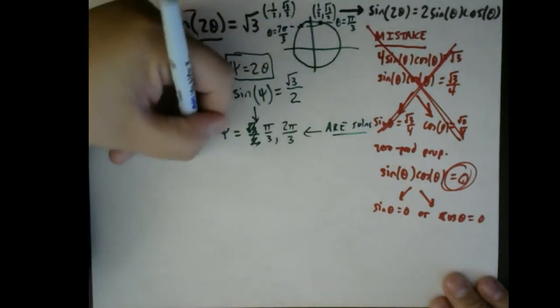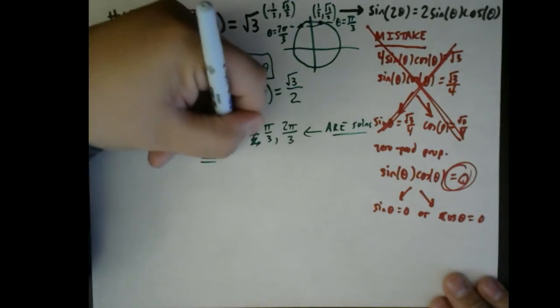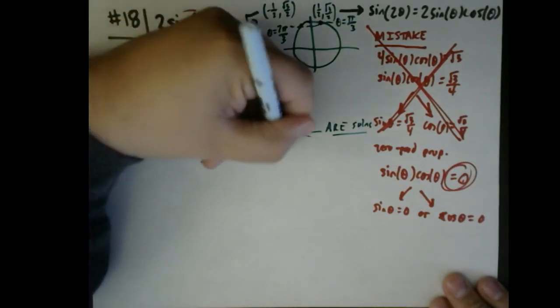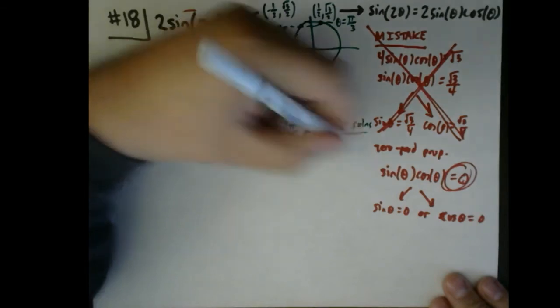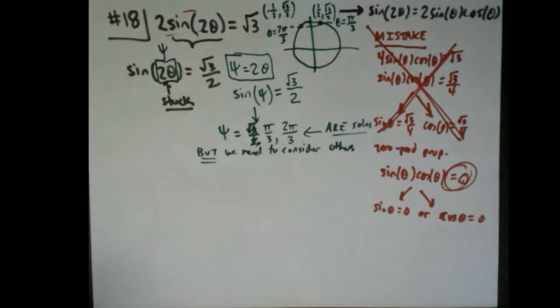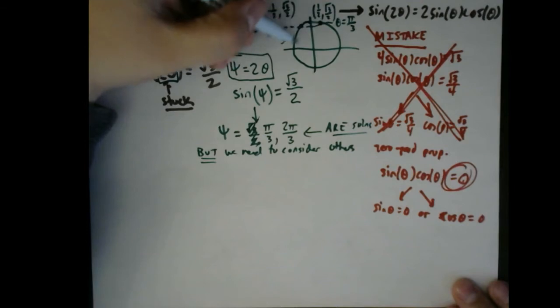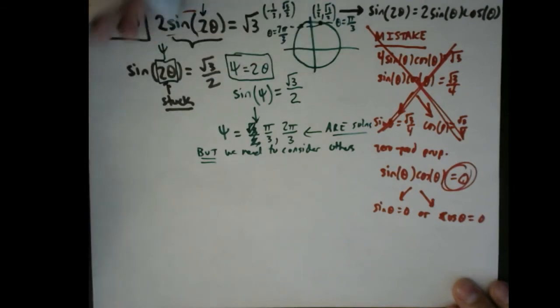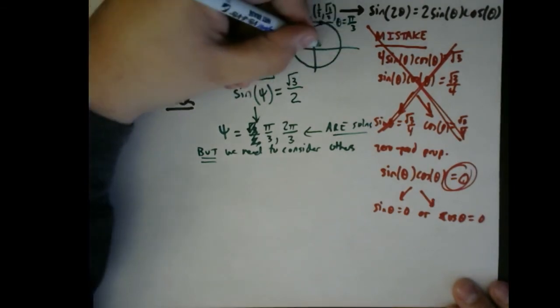but we need to consider others. We're in fact going to get more than 2 solutions to the original problem. That has to do with the fact that what was previously one trip around this circle, when I put that 2 in there, sort of doubles the travel time.